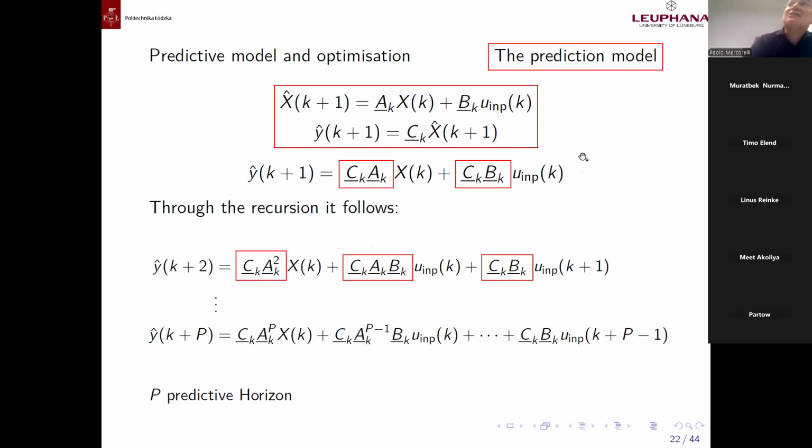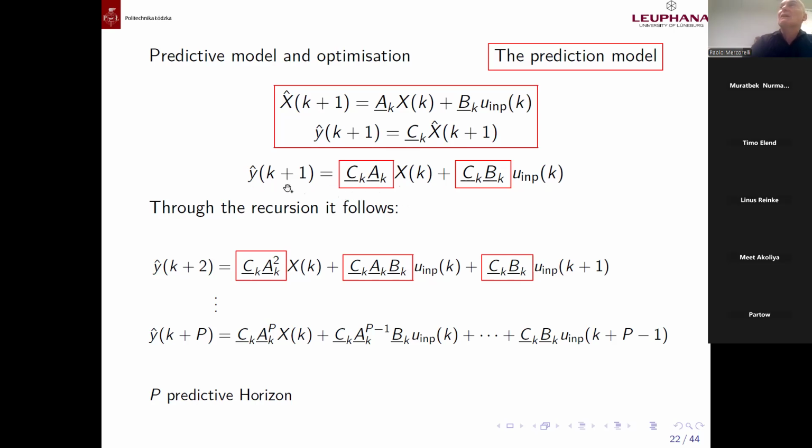Look, the first prediction is easy because it is already implicitly, directly, let me say so, in this equation here, because if you plug in this x at time k plus 1 here, we obtain this. It's clear. Now the prediction is more evident.